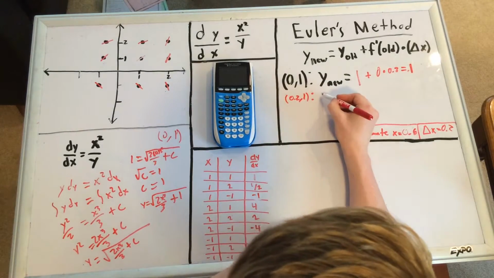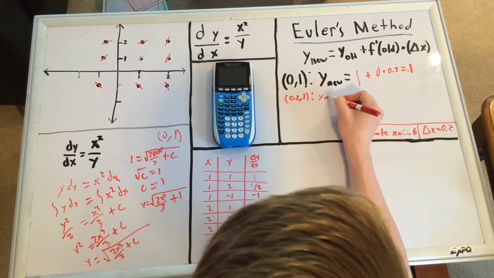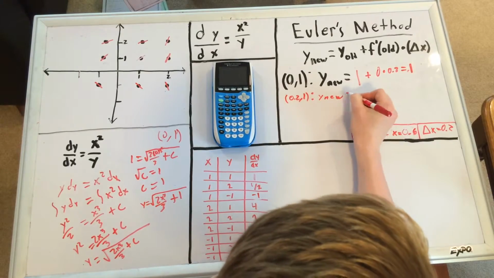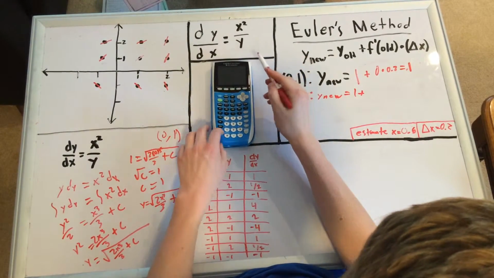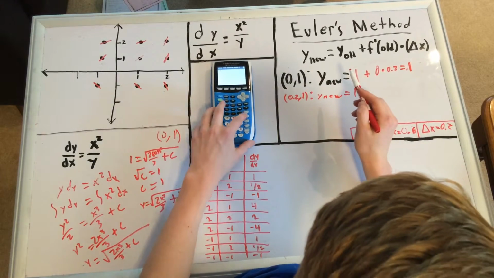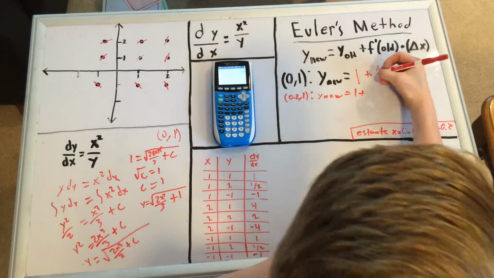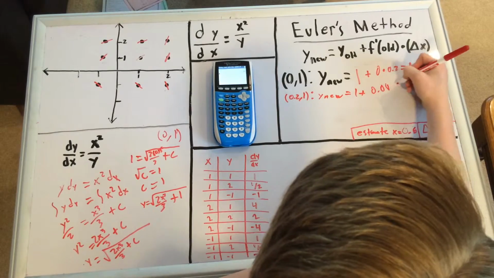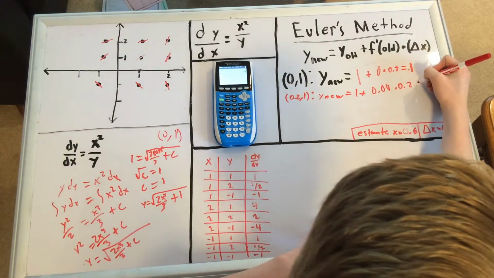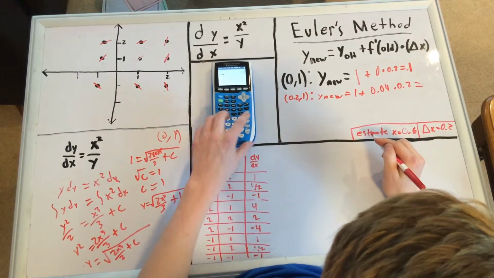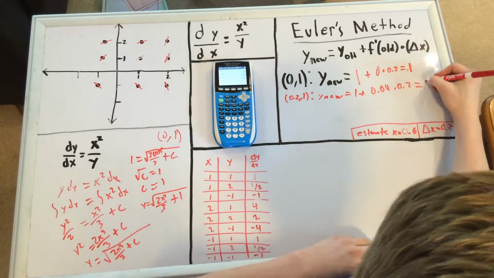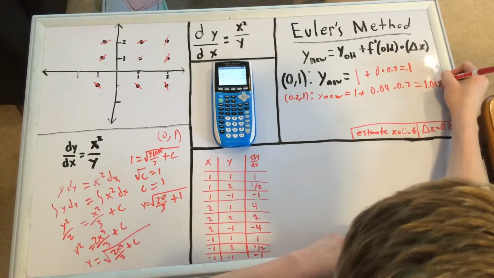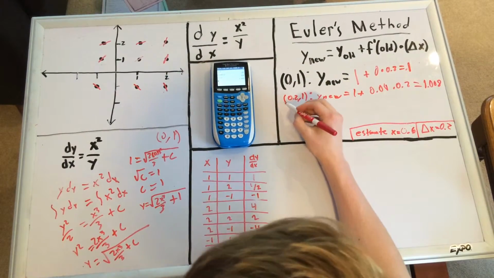So we'll go through a second step of Euler's method. So the new y value will equal 1 plus 0.2 squared, which equals 0.04, times 0.2, and when you add those together, you'll get 1.008.